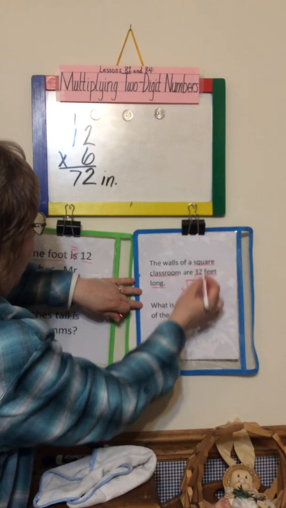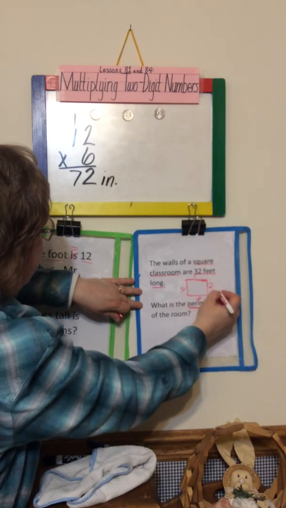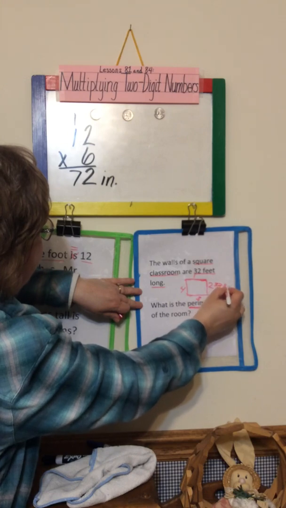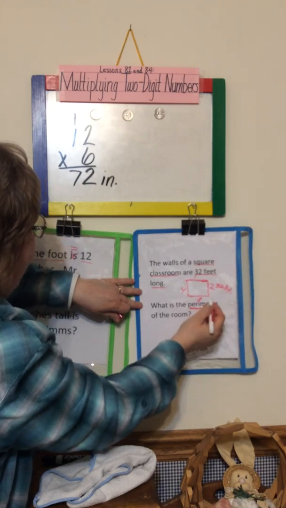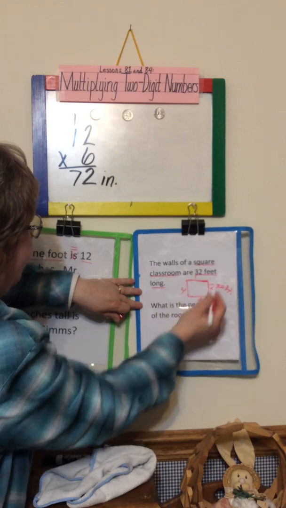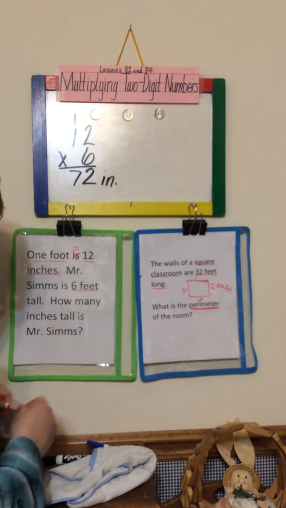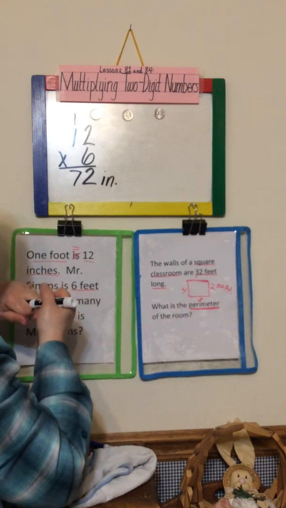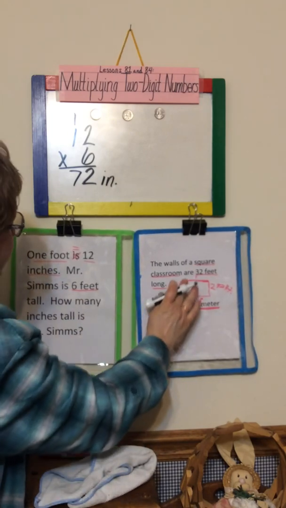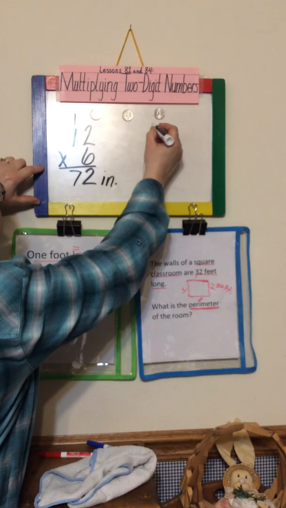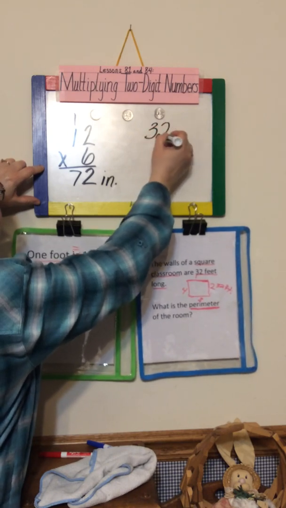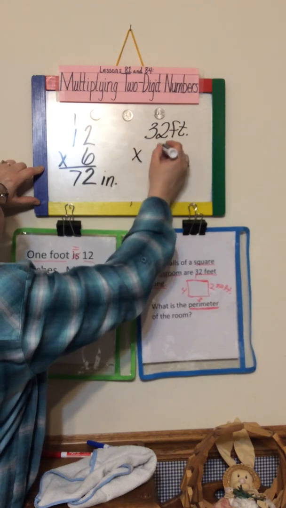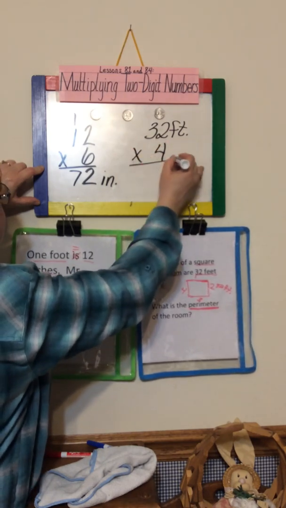So if one wall is 32 feet, then we need to know how many is it all the way around. So we need to multiply 32 feet times 4 walls. So 32 feet multiplied by 4.